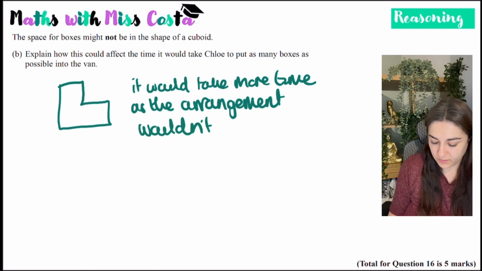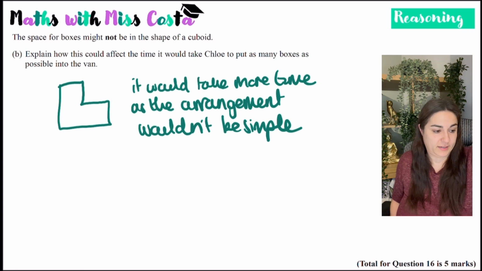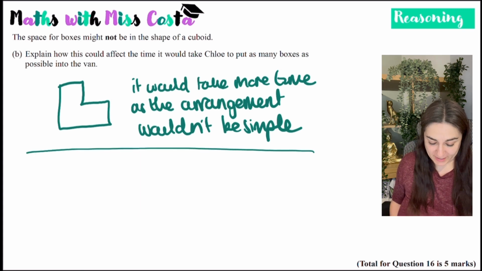So her van is like, she can just pile them in because it's a nice shape of a cuboid. But if it was sort of a space that goes in and then up like that, she'd have to work hard to find the space.